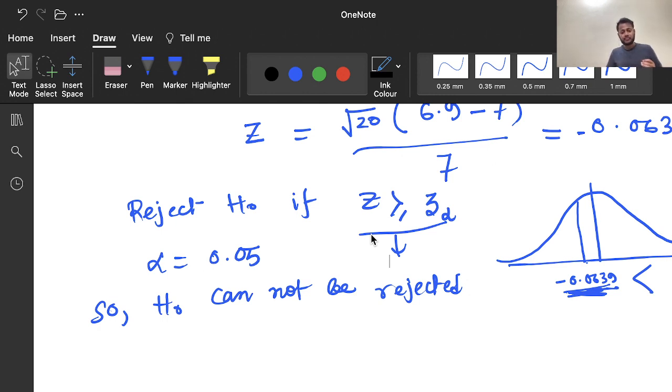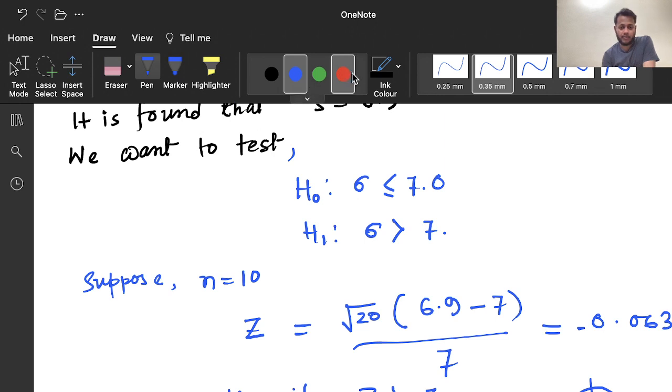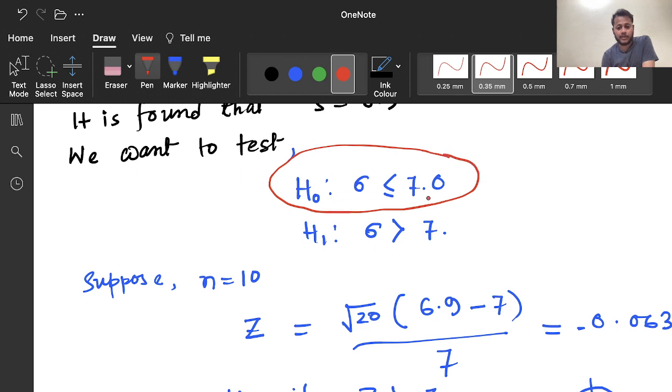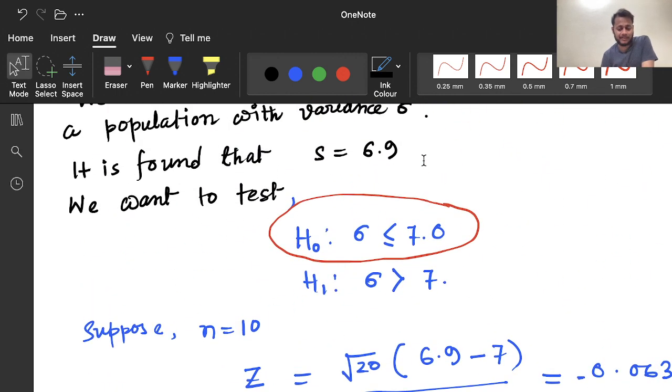That's why we will always accept H0, that means we cannot reject H0. This is the case for the hypothesis sigma less than or equal to 7.0. From this conclusion we would blindly accept the fact that sigma is less than or equal to 7.0.